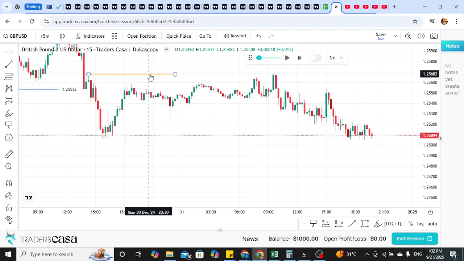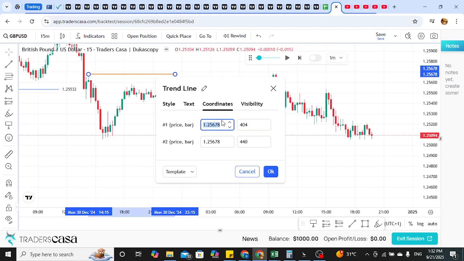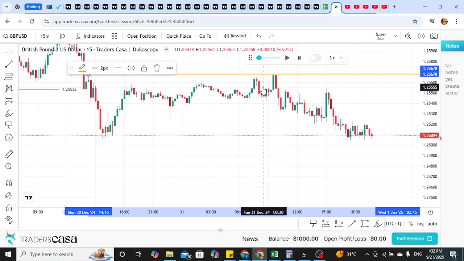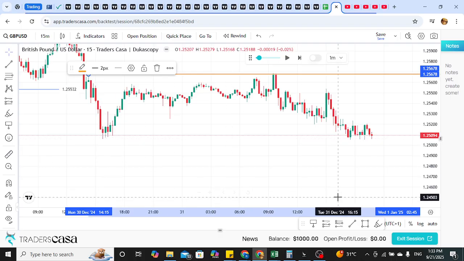Okay, so let's see if the inducement is broken. Yes, it has been hit, and this becomes the low of the range.